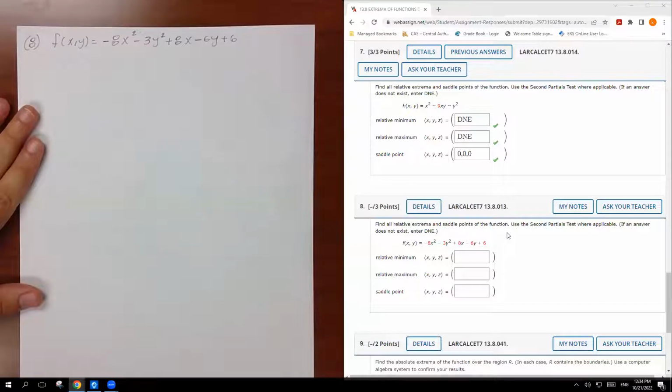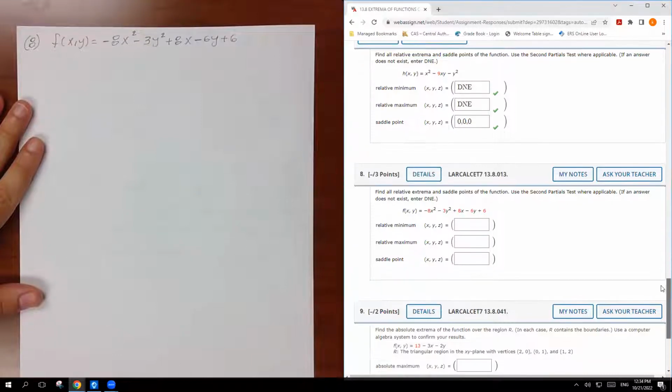So example 8, our function is f(x,y) equals -8x squared minus 3y squared plus 8x minus 6y plus 6. Let's do exactly the same steps.